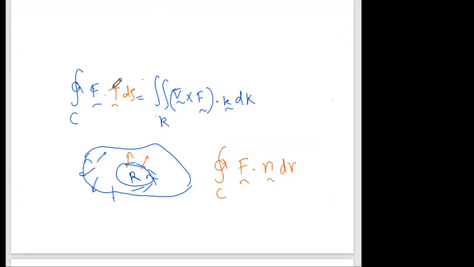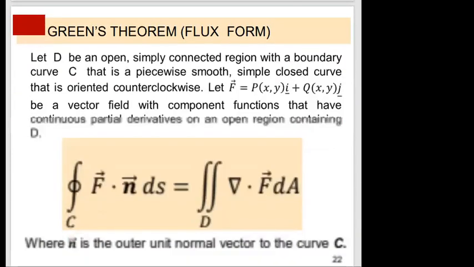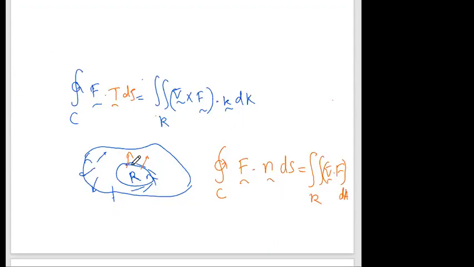It measures the tendency of the vector field to be aligned with the tangential, which is the first version, and the second version, the vector field aligned to be normal, which is the divergence over the region R.